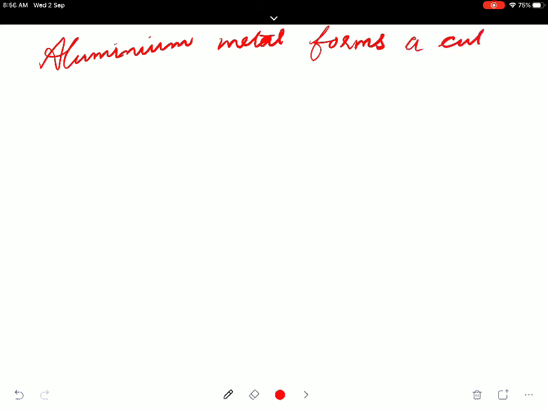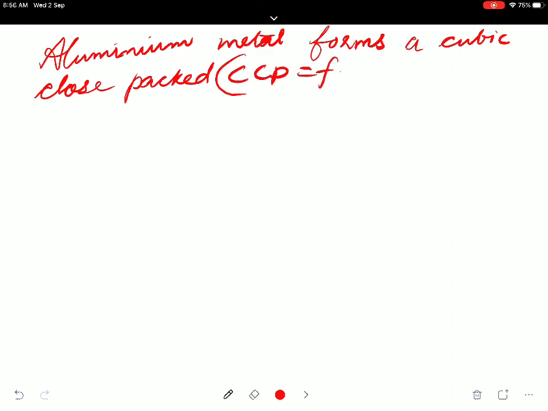Cubic close packed means CCP, which is same as FCC.